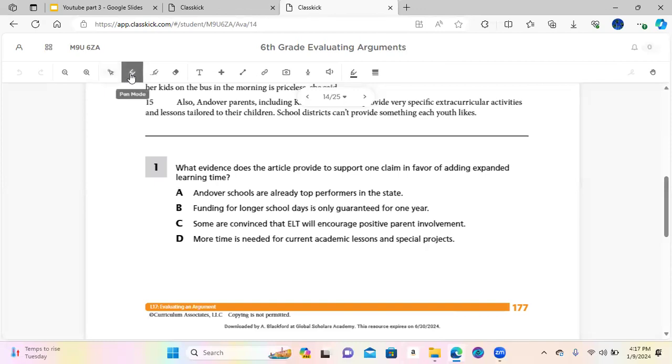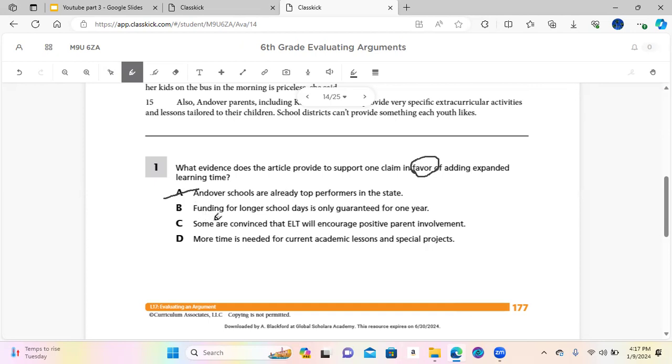So let's use the process of elimination. Okay. This was actually used to oppose rather than to be in favor of expanded learning time.